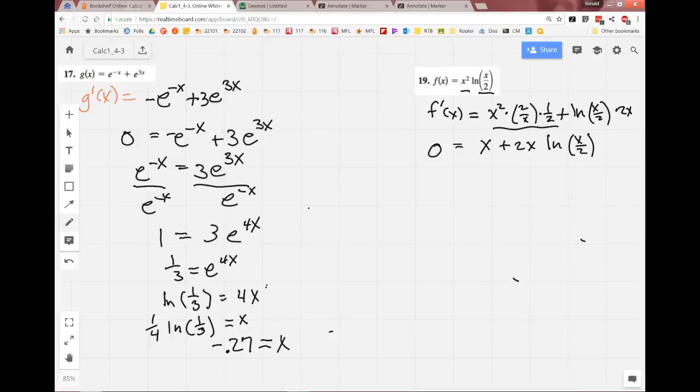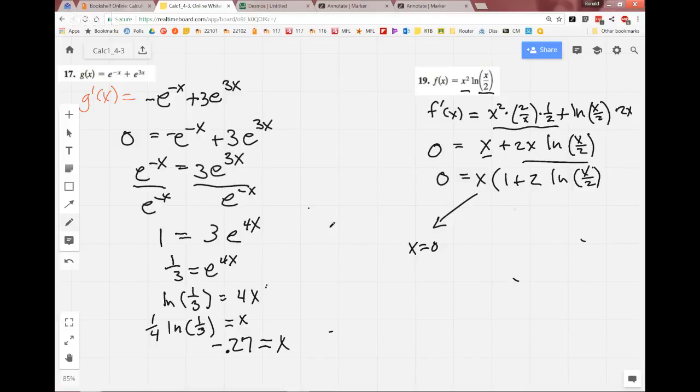All right. So now we can factor an x out because we have 2 terms in that big old thing. Take an x out and we have 1 plus 2 times the natural log of x over 2. So the first thing we can do is say, well, that's a critical point, x equals 0.